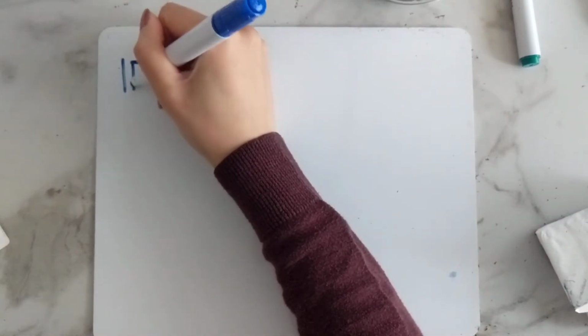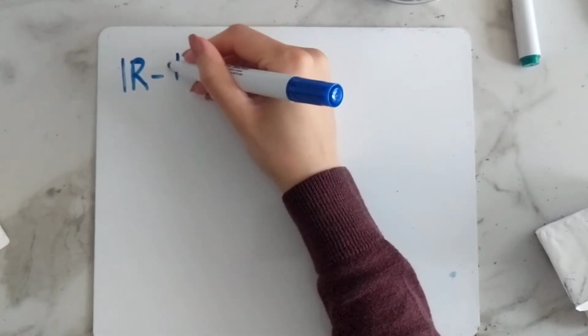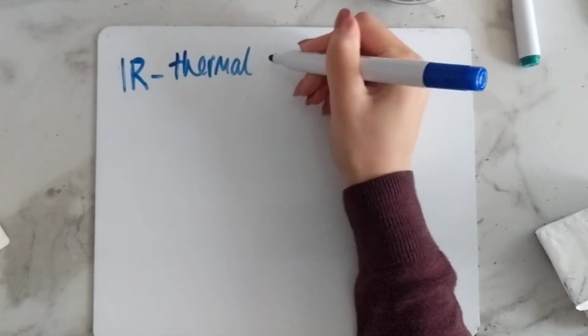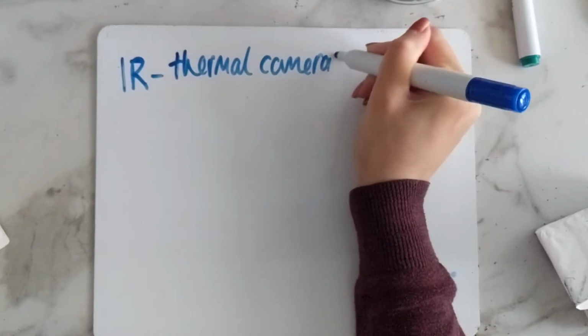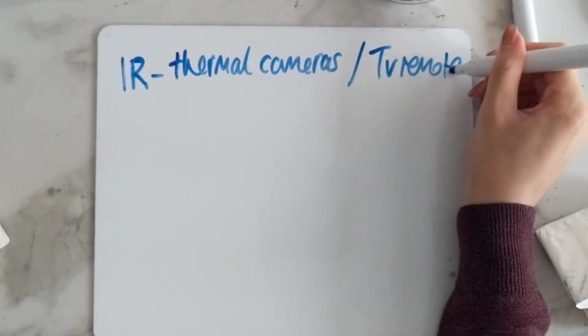infrared. Now infrared can be used for thermal imaging or thermal cameras, and also with TV remote controls.